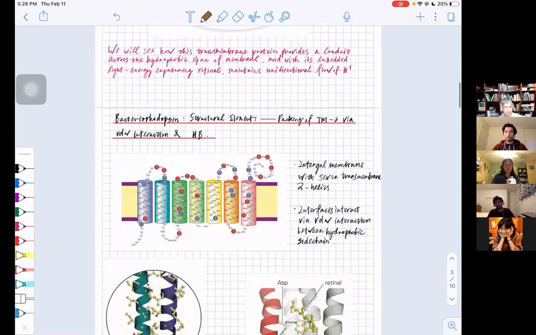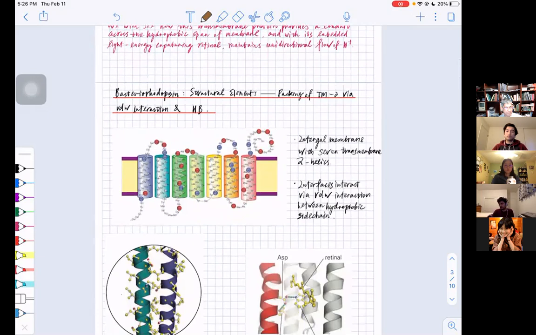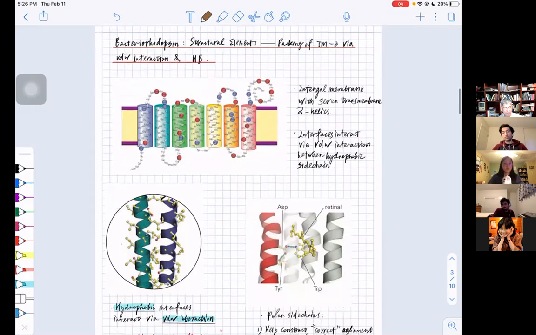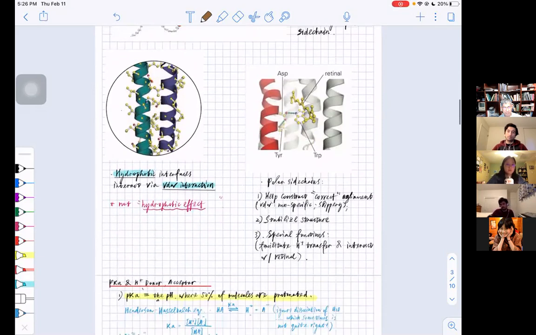So let's take a quick look at bacterial rhodopsin's structural elements first. As you can see, it's an integral membrane protein with seven transmembrane alpha helices. As Boven talked about, the interaction at the interface is mostly van der Waals interaction between the hydrophobic residues.